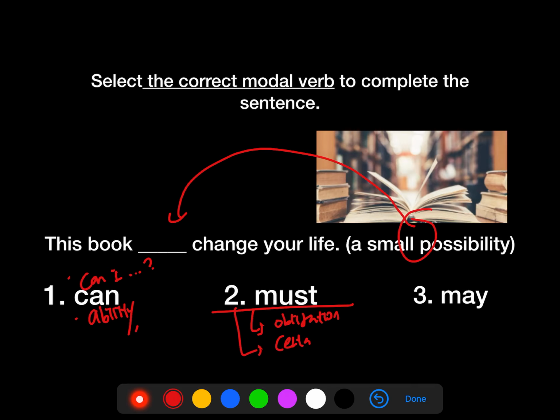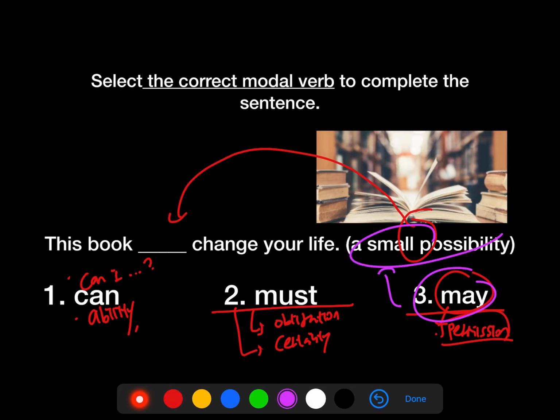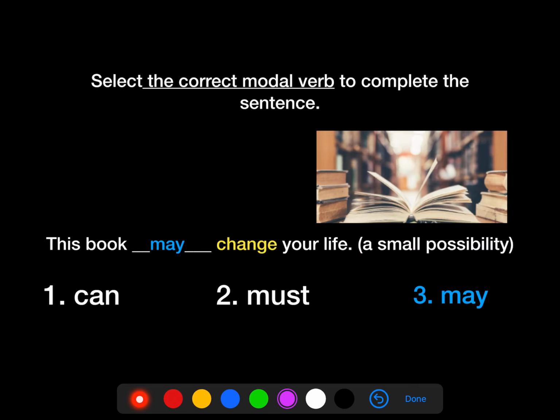And then certainty. May. May can be asking a permission, but at the same time, we also use may when we talk about a small possibility. So the answer is may.